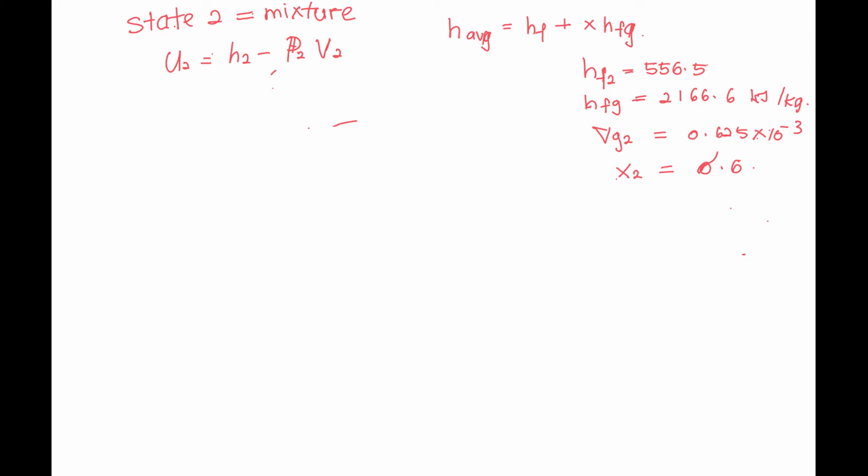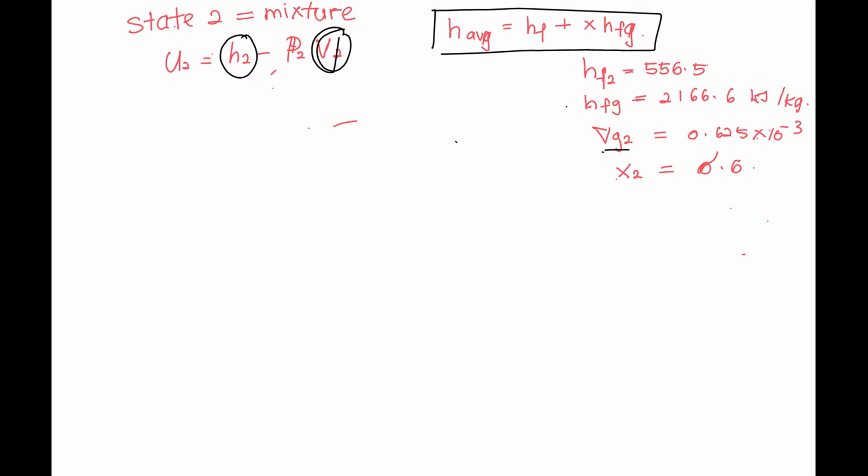Alright, so I'm going to put here the color. So this is the formula for the specific volume, and this one is this. Okay, and then shall we put everything here?